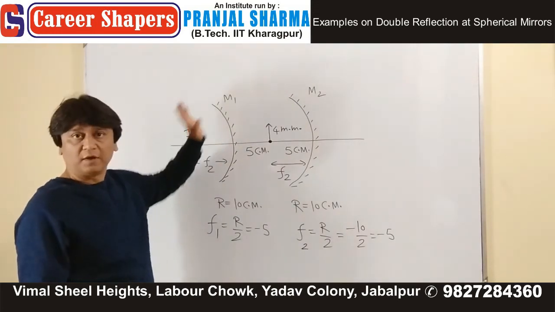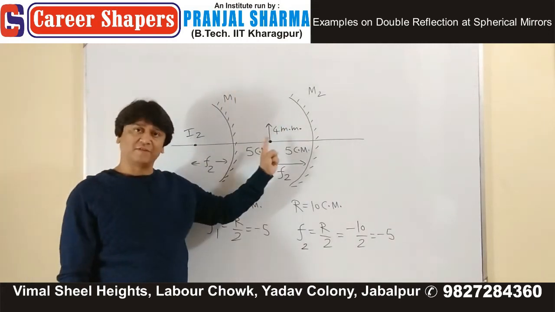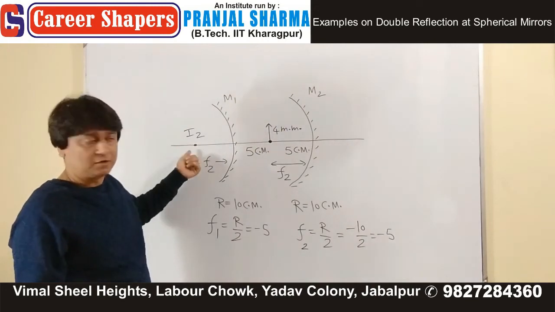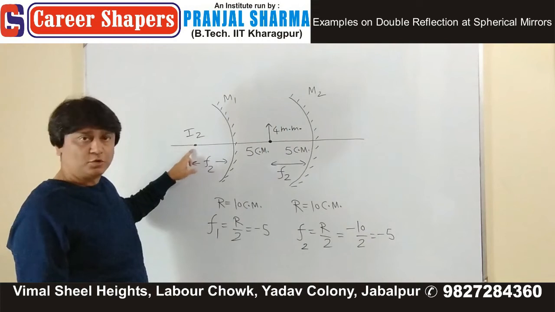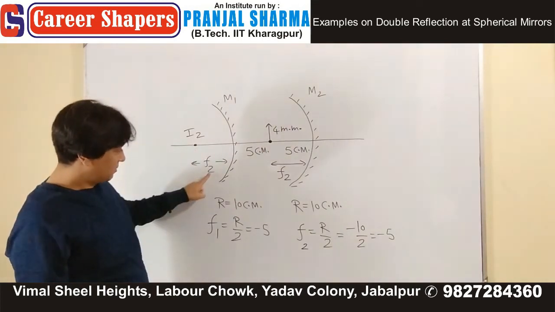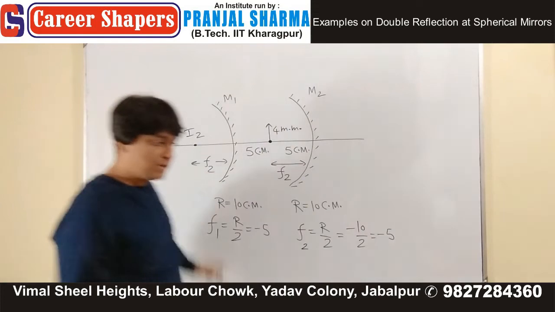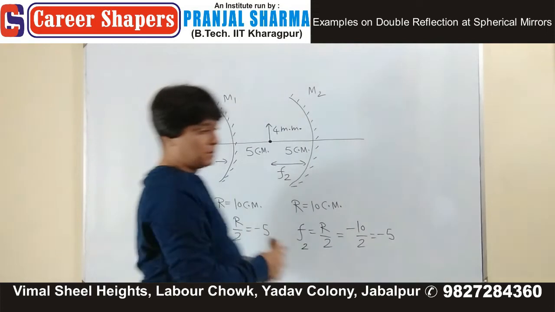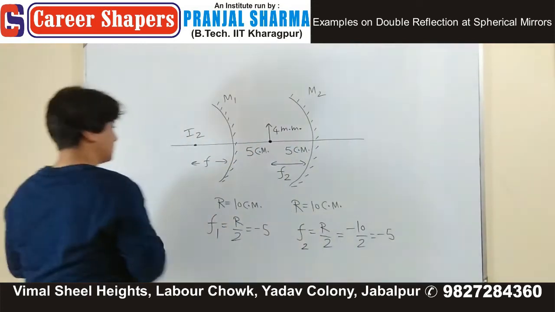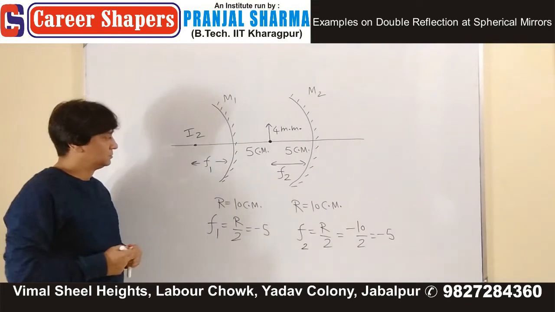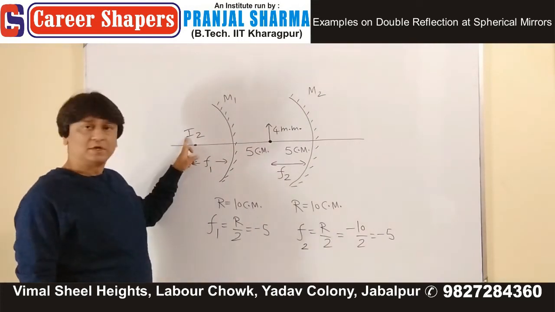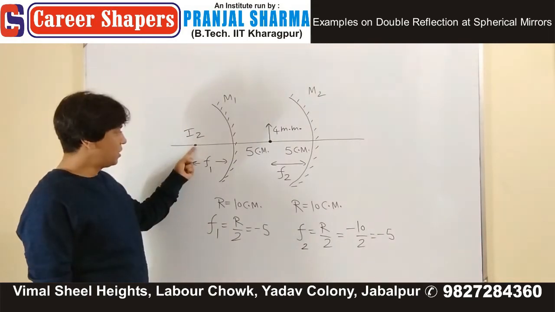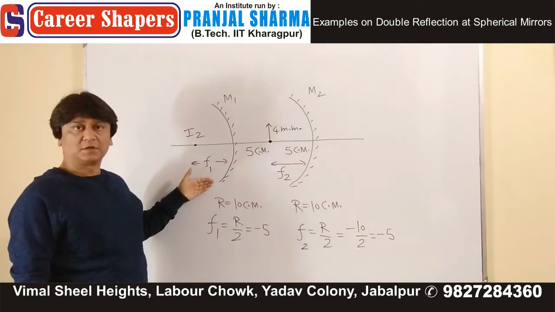I1 is for the image which you get after first reflection. I2 is image which you get after second reflection. So this is the position of final image. This f2 I must change, make it f1. I2 is the image after second reflection, which falls at the focus of first mirror.